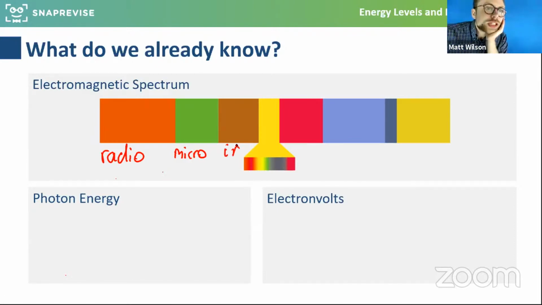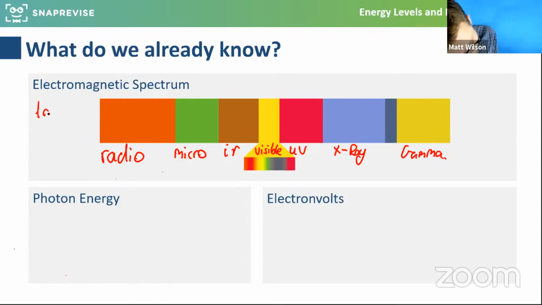This one in the middle, which is split up into all of the different colors of light, is the visible light. Next, we've got ultraviolet, which I'll just call UV. What else have we got? X-ray. Perfect. And finally, gamma rays. As I said, we wanted to start with the lowest frequency or biggest wavelength.